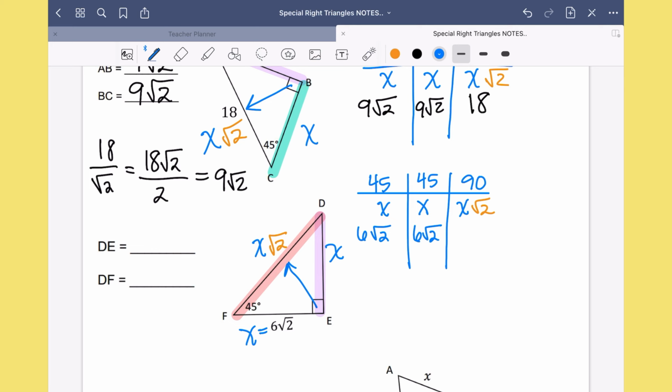DE is 6 times the square root of 2. Okay, but I don't know what the hypotenuse is. But I know what X is. And I know that the formula for the hypotenuse is just X times the square root of 2. And I know what X is. It's right here. We already identified that.